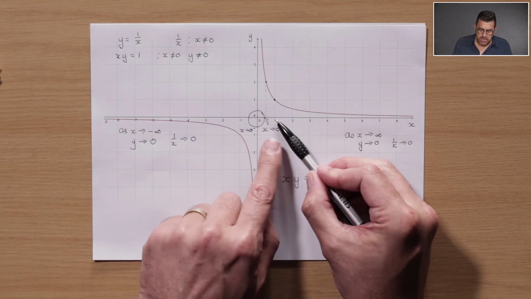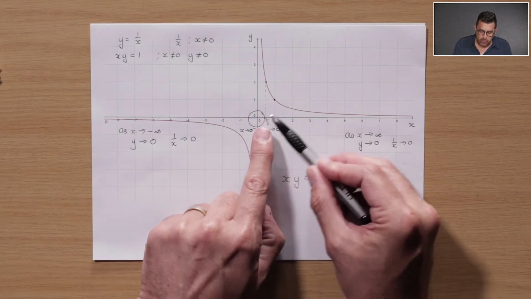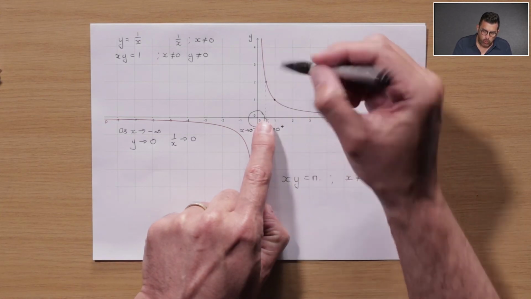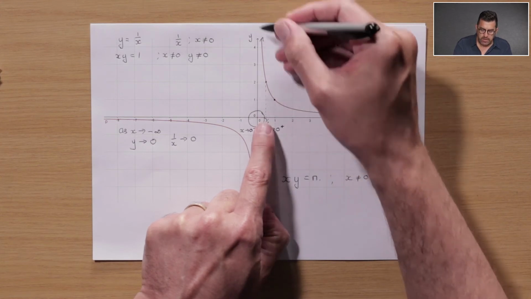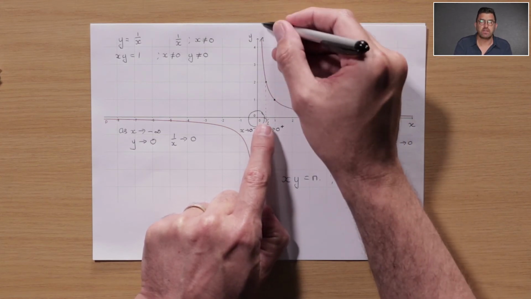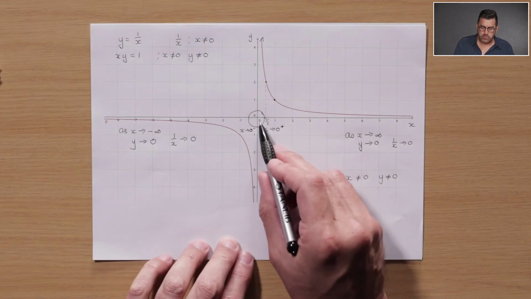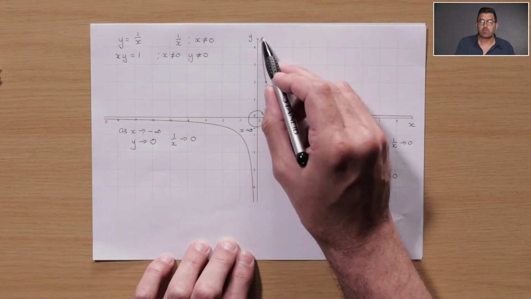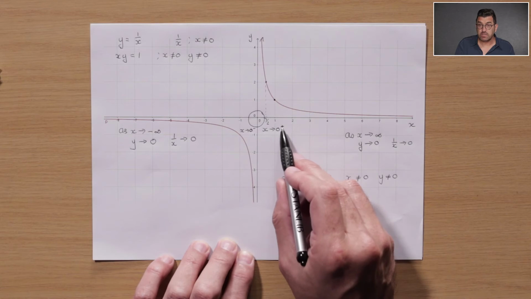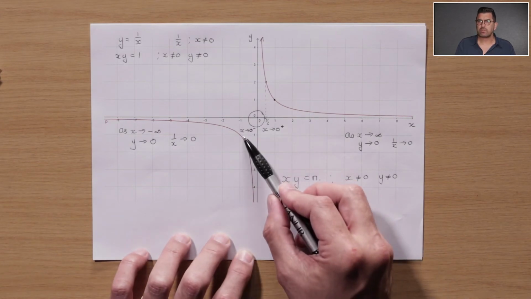Now, as x becomes smaller and smaller, you can see what's happening to y. Y is really shooting up, and it continues indefinitely. The closer and closer we get to naught, the bigger the y becomes, from the positive side. The opposite is true on the other side.